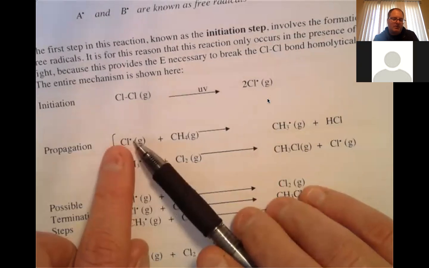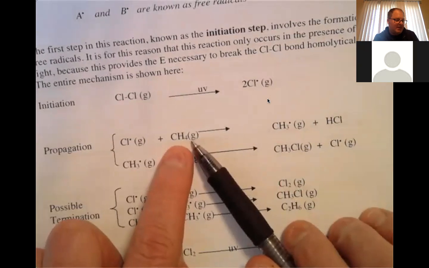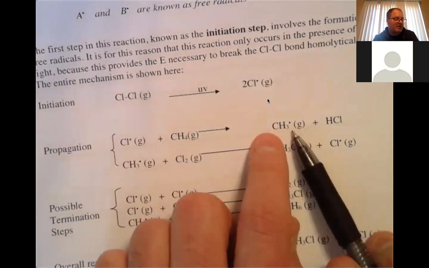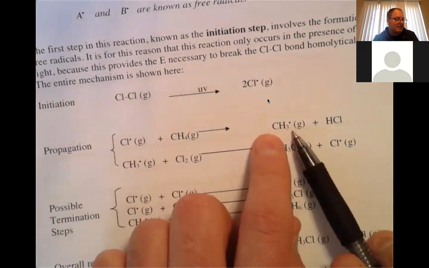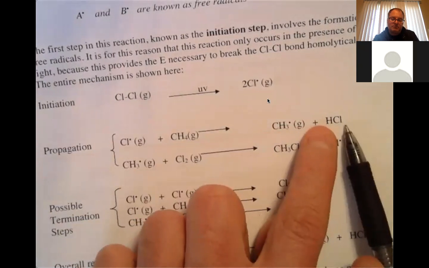That free radical then comes in, and as you said, it pulls one of these hydrogens off of here, making that carbocation we were talking about before. Or actually, no, this isn't a carbocation. This is actually a radical of methane. And then HCl. So that's the first step of the propagation.